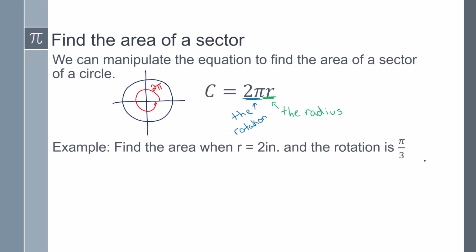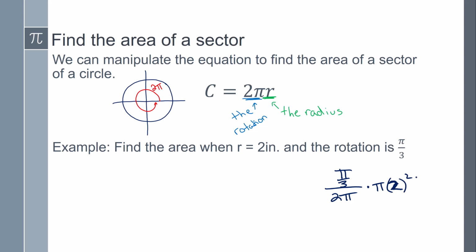So what do I mean by that? Let's just say I wanted to find the area when my radius is 2 inches and the rotation is pi thirds. Okay, so how much, pi thirds, out of the normal 2 pi, times pi r squared. My r is 2. And that's it.